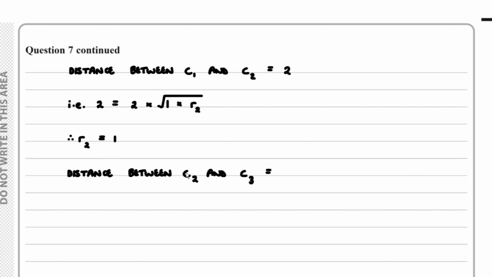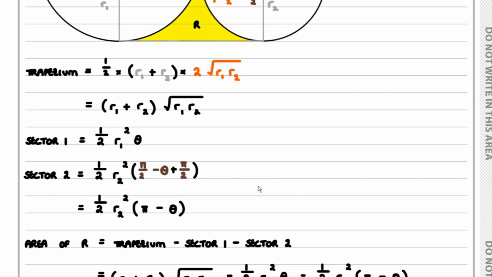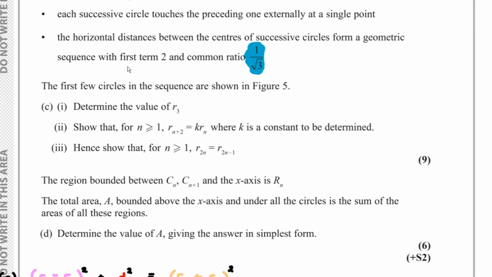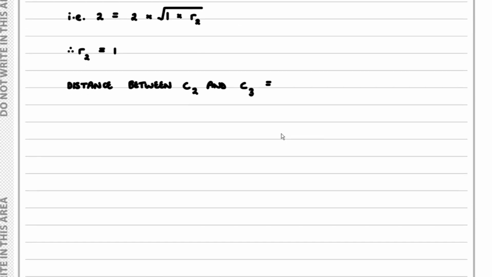Now, to find the distance between C2 and C3, we know already from the question we've got a first term of 2 and a common ratio of 1/√3, meaning the distance between C2 and C3 will be given by 2 times by 1/√3, which is 2/√3.